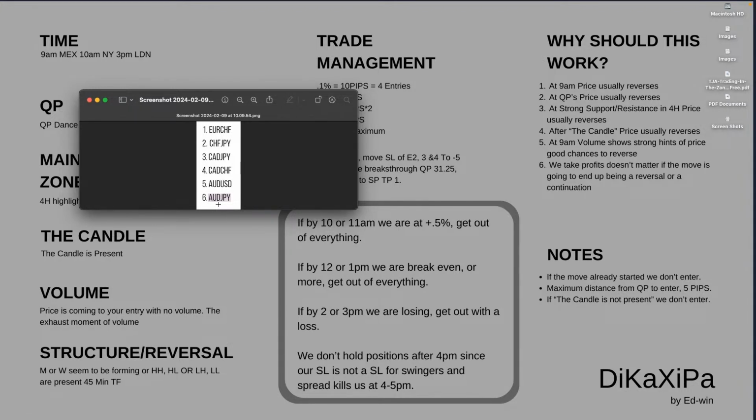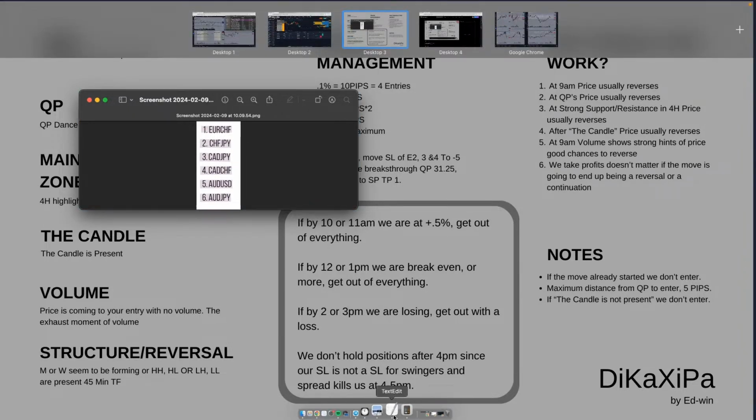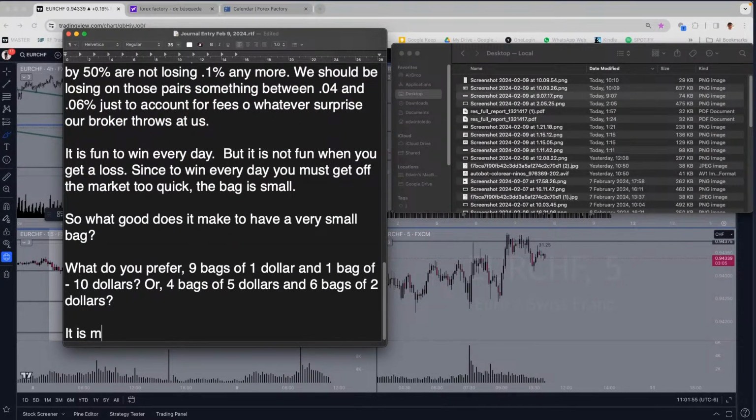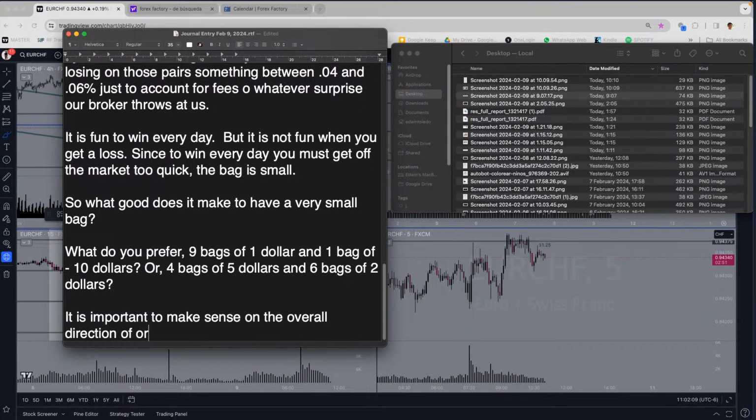Just keep the direction. I want to point that in the notes actually, because sometimes I forget that it's important to make sense on the overall direction of our bias. Is it bias or bias?